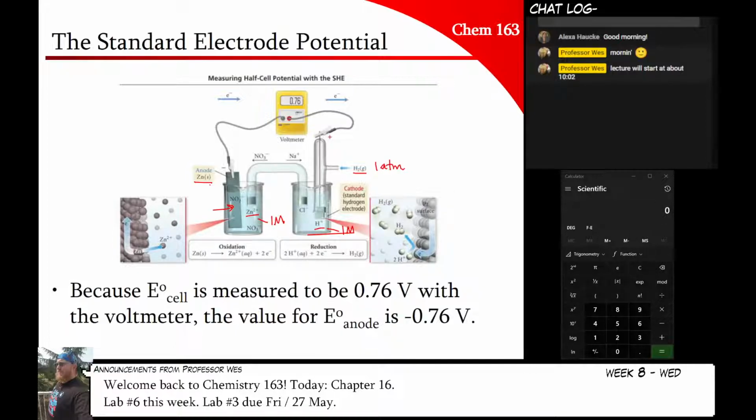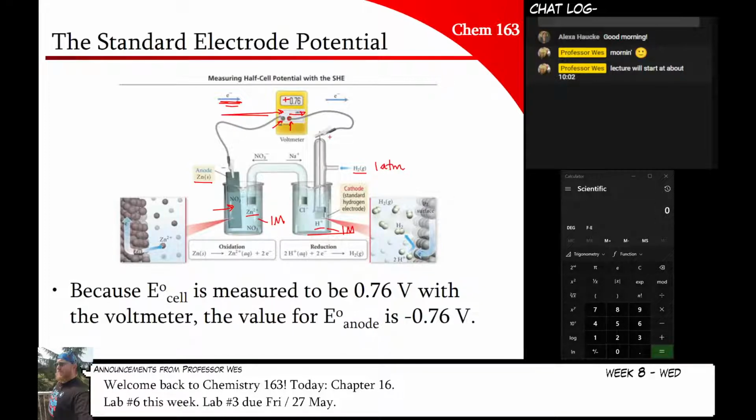Now, how do I actually know that the voltage meter is running electrons through in this direction? The answer is that the cords that you hook up to it have specific inputs. The assumption is that if electrons go in the black input and come out the red input, you should get a positive number.